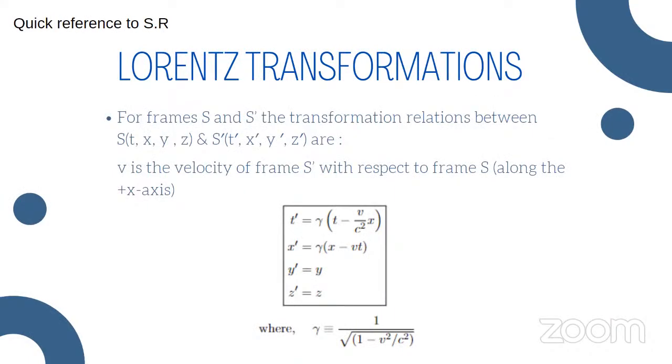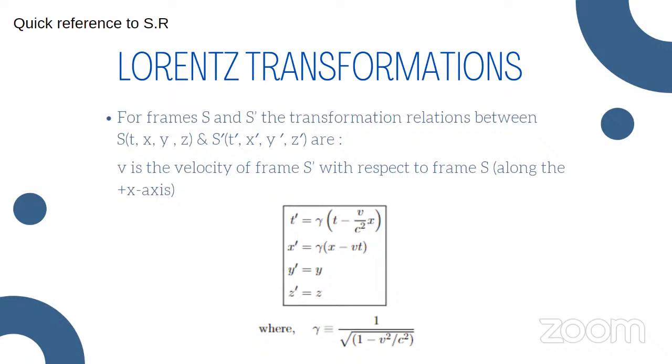Firstly, we knew from Galileo that there is a practical situation where we need two frames of reference, like when we are on a platform and someone is in a train. The two frames of reference are different from the perspective of an observer in the train and the observer on the platform.